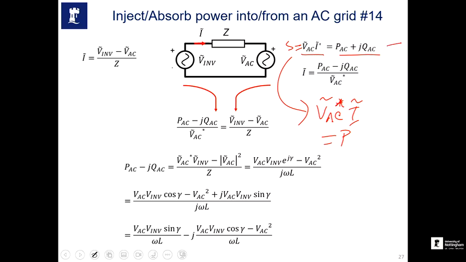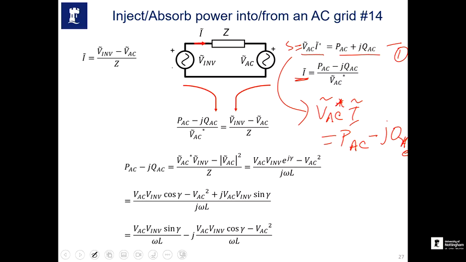So if we take the conjugate of the whole equation, let's say this is equation 1, if we take the conjugate of that, it will be PAC minus JQAC. So from that we get the I phasor basically: P minus JQ divided by VAC.